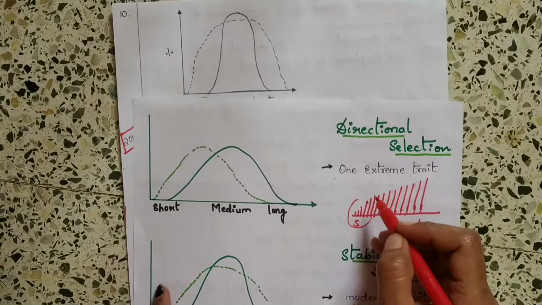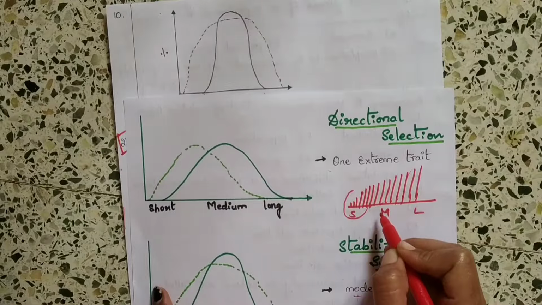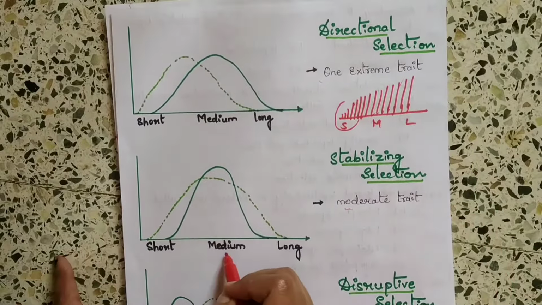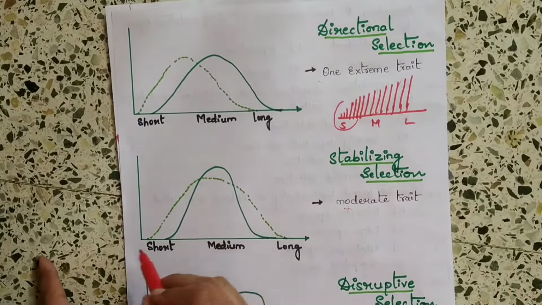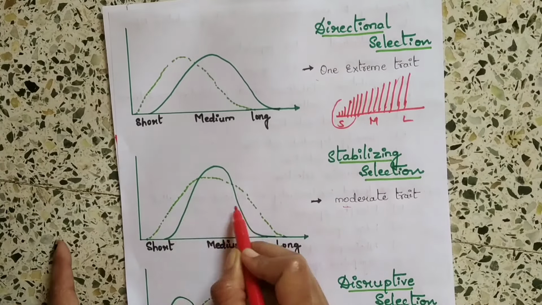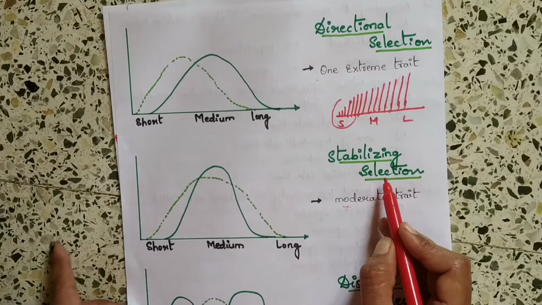You can see in the diagram, this is the original population, and they selected only the medium. That represents stabilizing selection.